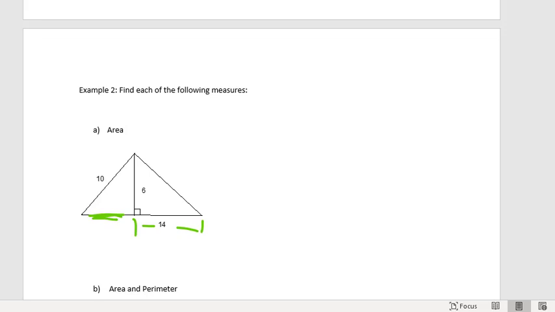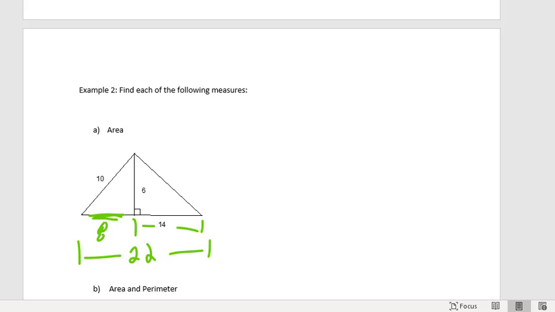Or you can use 100, since that's 10 squared, equals 6 squared plus x squared. 100 minus 36 is 64. Square root of that is 8. So this is 8. That makes our whole base 22.